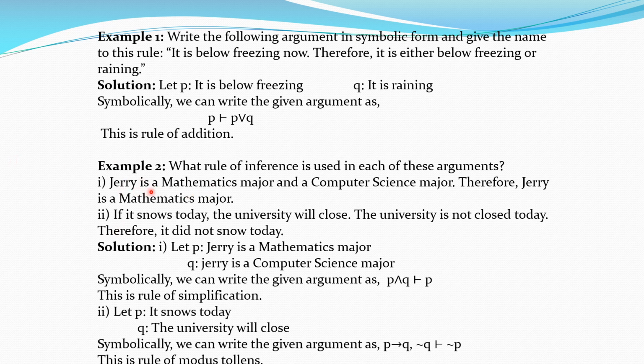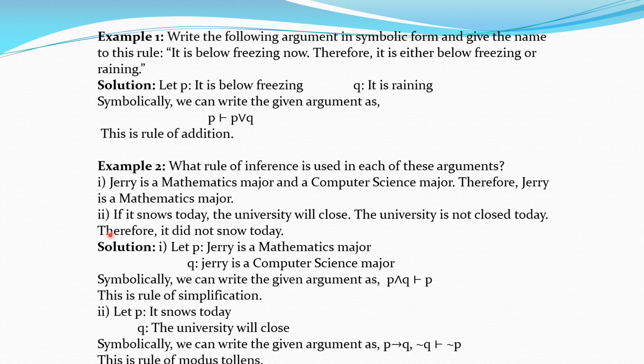Let P, Jerry is a mathematics major and Q, Jerry is a computer science major. Symbolically, we write the given argument as P, Q joined by logical connective AND. So P and Q. Conclusion is Jerry is a mathematics major. So P and Q yields P. Now here the rule used is rule of simplification.